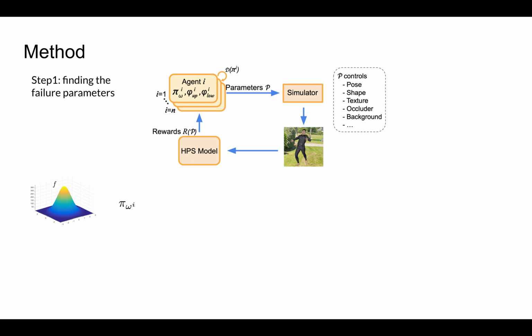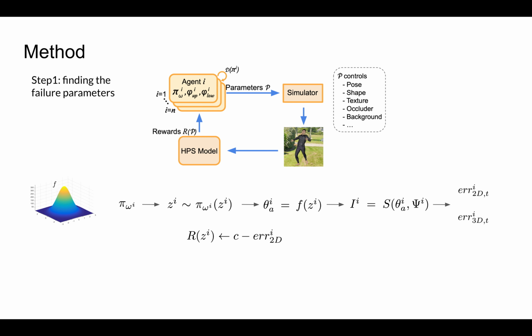Take articulated pose as an example. For one agent, we define a policy pi parameterized by omega. Then we can sample the parameter z from the policy pi. We use the pre-trained decoder of VPoser to get the articulated pose from latent variable z. After that, we can render an image I using simulator S. Then we test the method on I and get the error.